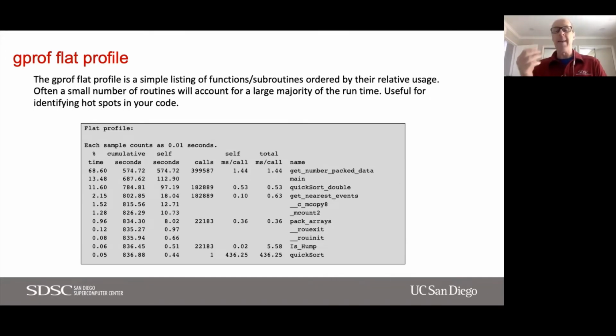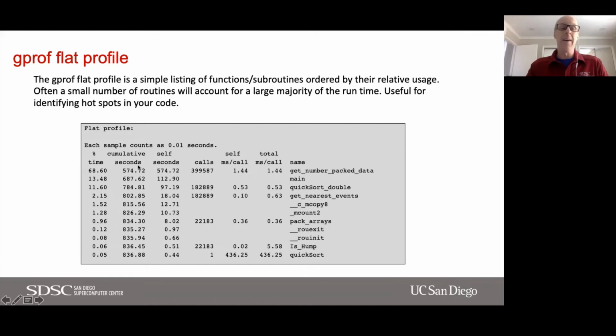So already we could see that, of course, we're going to start with get number packed data, move on to main, and then on to quicksort double. And then after that, there are probably no routines that are really worth spending our time on, since they account for such a minor portion of the runtime.